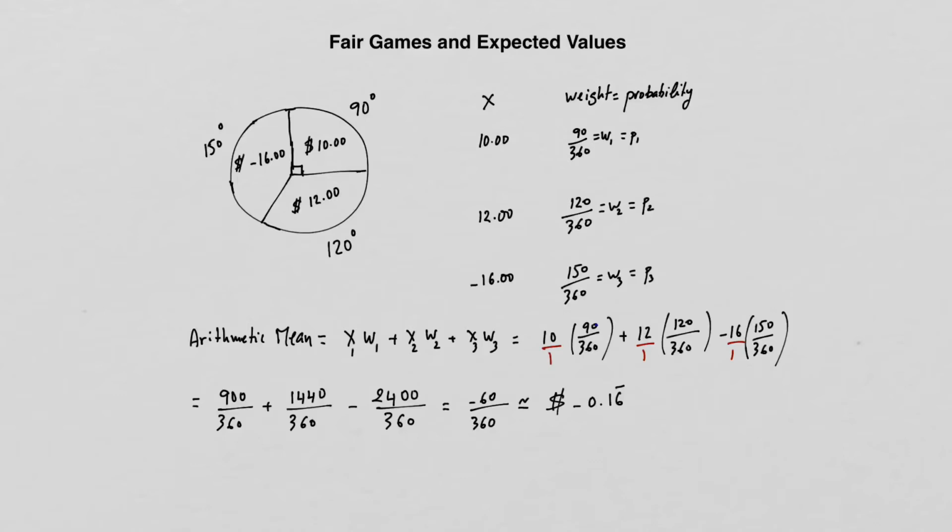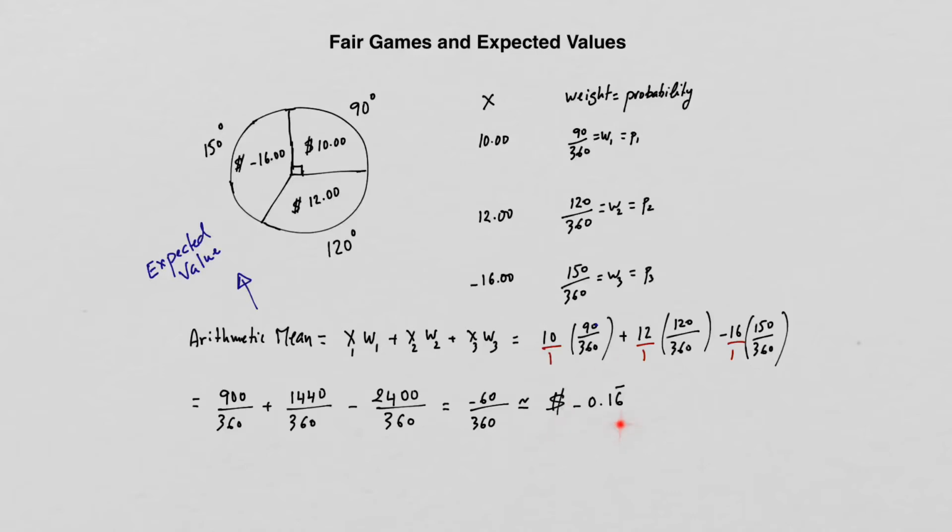So the very first thing you need to realize is this weighted mean or weighted average has another name called expected value. Basically, what it says, and you can tell, if you play this game, you are expected to lose between 16 and 17 cents. It's unfair game, but it's not bad at all.